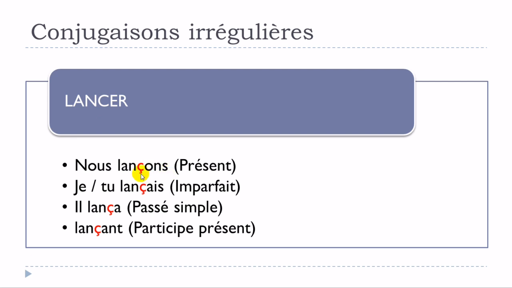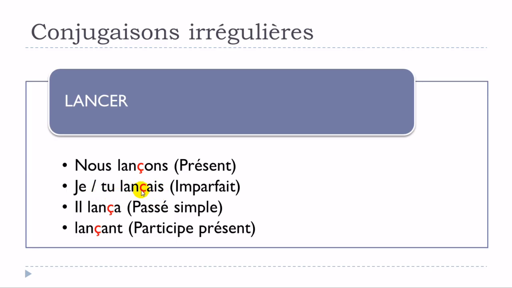All right, and that's the only modification we will have to make for this subgroup of irregular verbs. Okay, it will be exactly the same thing for the imparfait form. I put this je and tu because they have the same ending here, but it will be exactly the same thing.